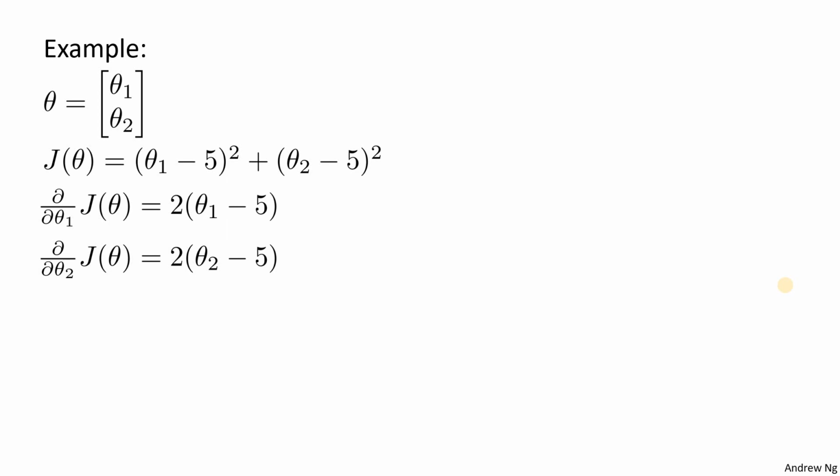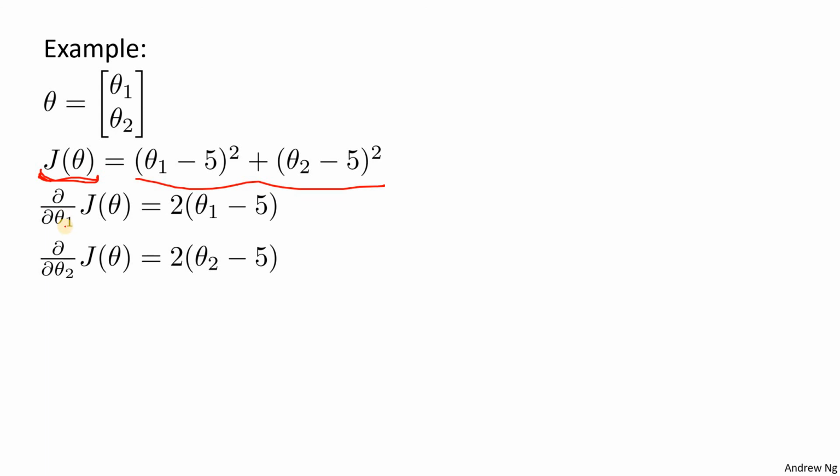So here is an example. For your theta values, let's say you get this j function. The cost is represented by this equation. So you can take the derivative with respect to each.